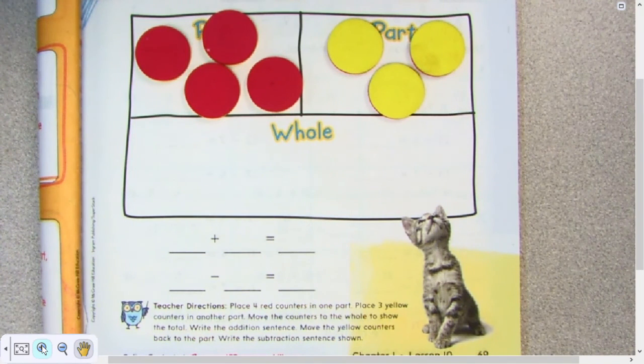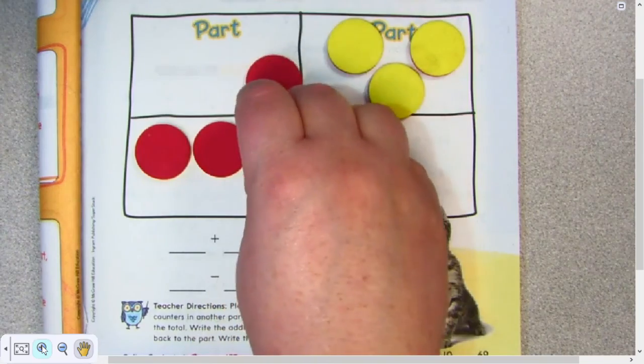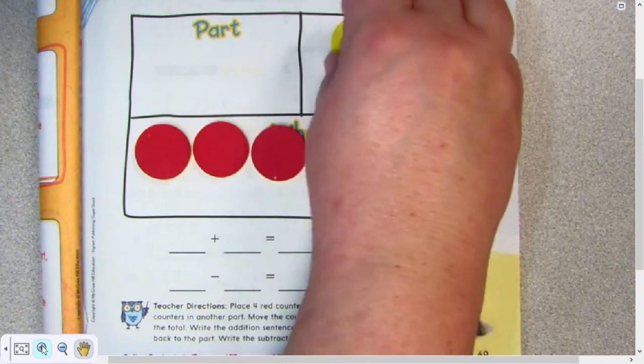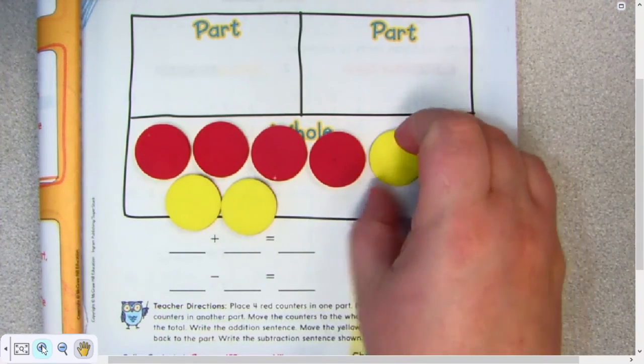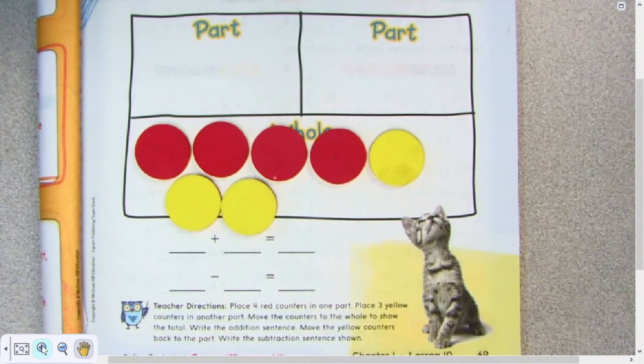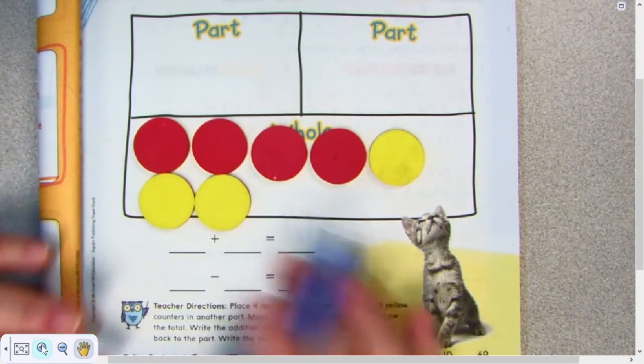Now it says write an addition sentence. Oh, wait, move the counters to the whole to show the total. And then it says make an addition sentence. How many red did we move?